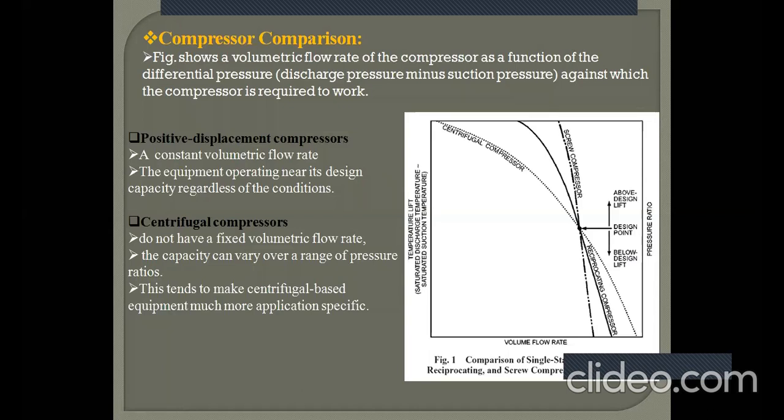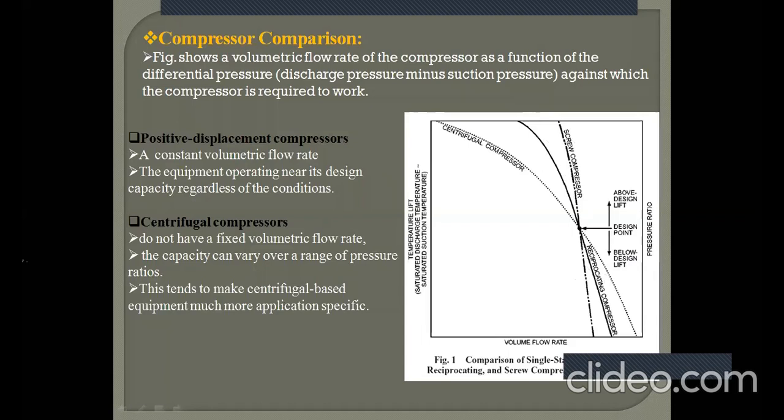Positive displacement compressors have a constant volumetric flow rate, as shown here. With a constant volumetric flow rate, the equipment operates near its design capacity regardless of condition. As I told you, the little deviation in screw as well as reciprocating compressors shows that the equipment is operating near its design capacity.